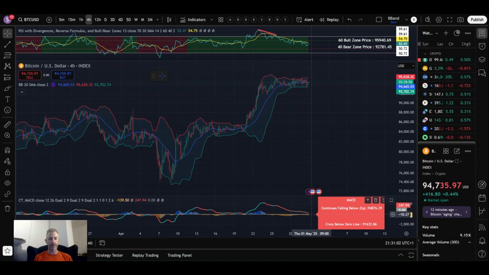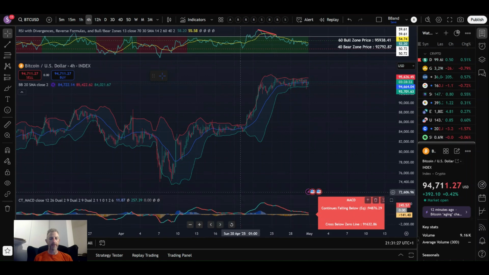It's getting close to the zero line, but much like this consolidation following this volatile move to the upside, the MACD didn't cross below the zero line, and then when volatility picked up, the MACD remained above the zero line, which for me and how I use the MACD means that there is more likely to be an upside move.